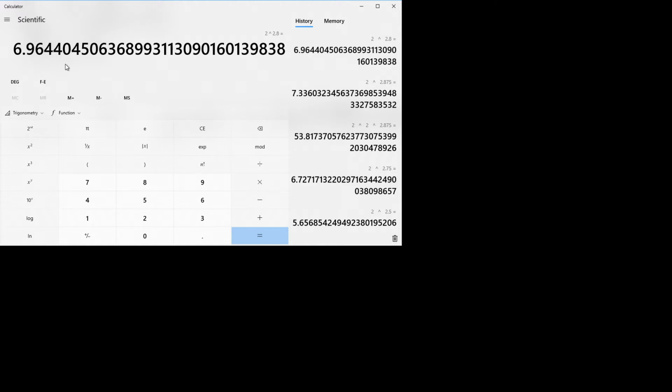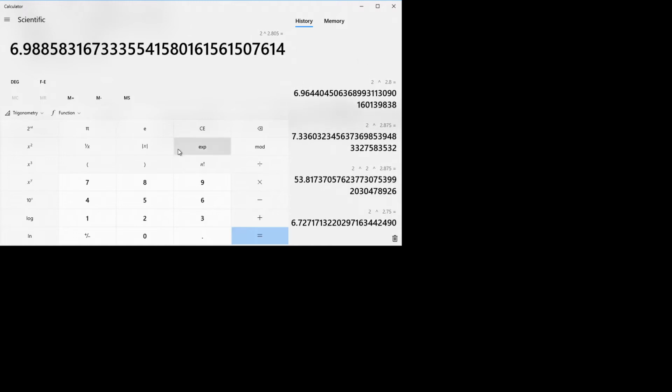So it really depends on the type of question you're being asked. We could go 2 to the power of 2.805. So how close is close enough?